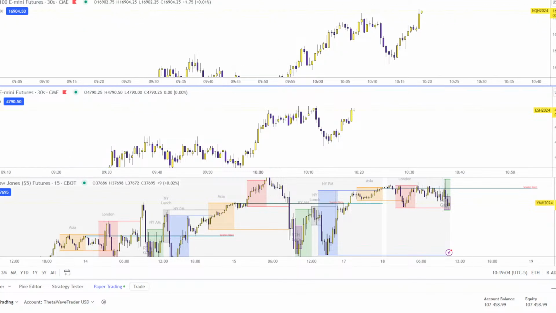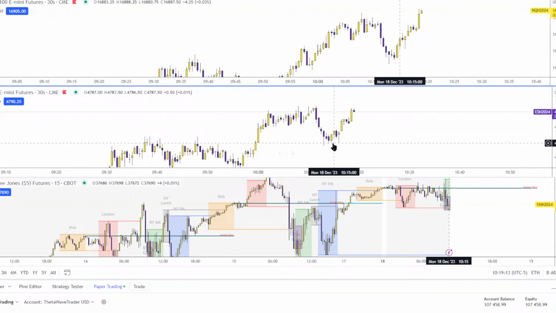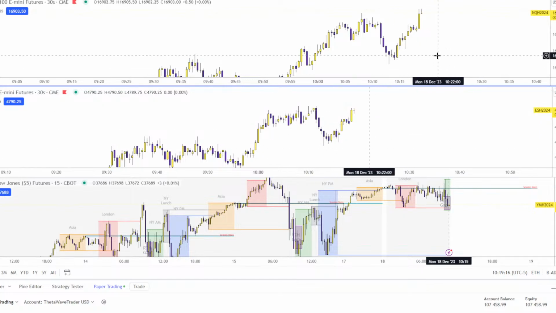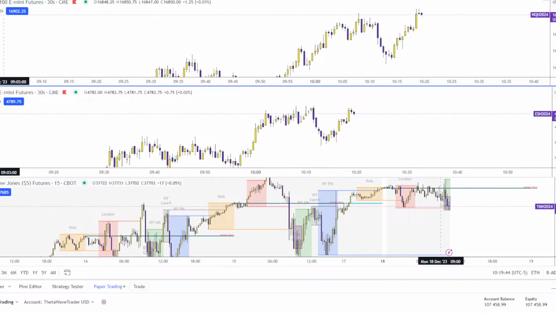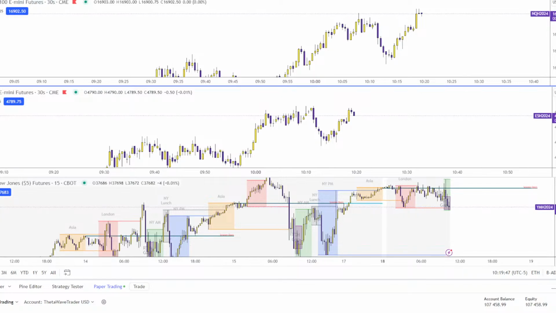NQ1. December 27th, 2021. December 7th, 2021. NQ1.